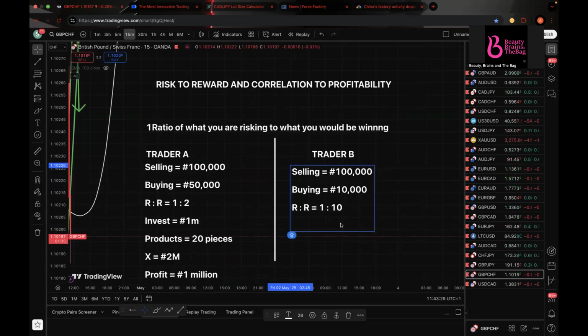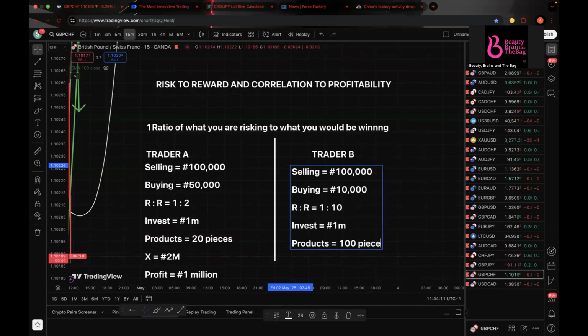So he borrows a loan, same as trader A. He invests 1 million naira also. 1 million naira divided by 10,000 naira is equal to 100 pieces.